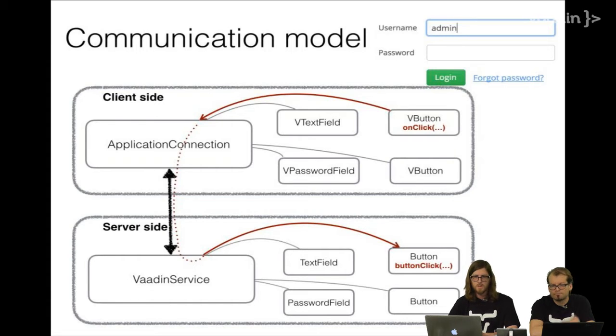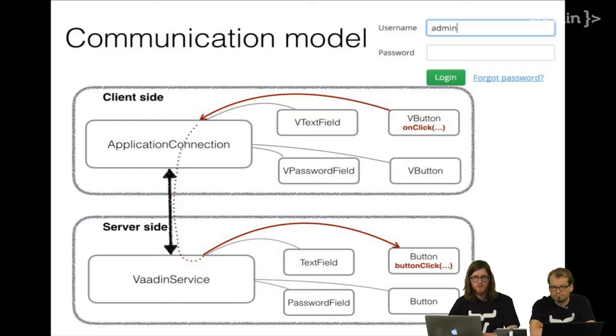Vaadin is a server-side framework, so we have a client-side and a server-side part, and both have the same set of components. Vaadin needs to somehow identify the same component on both sides, so it uses connector IDs for that purpose.